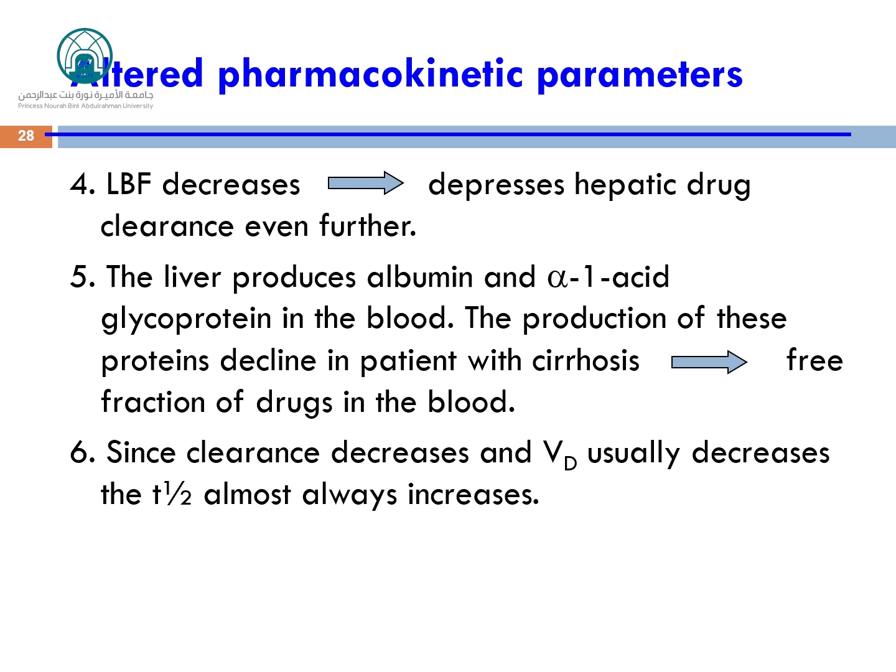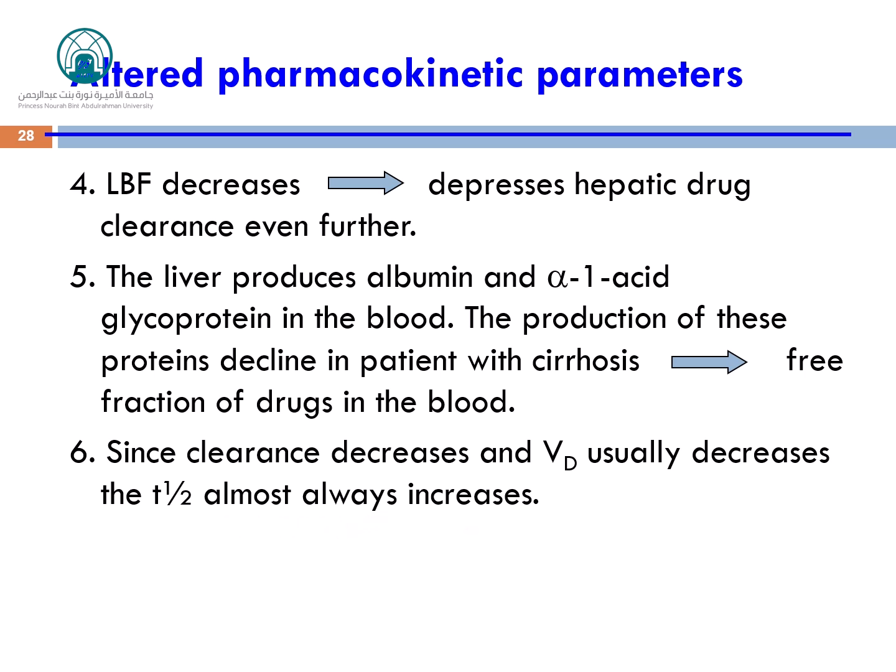Those all will result in toxicity. The drug concentration in the systemic circulation will reach the toxic level. Since clearance decreases, point number 6, and the volume of distribution usually decreases, the half-life of elimination almost always increases.